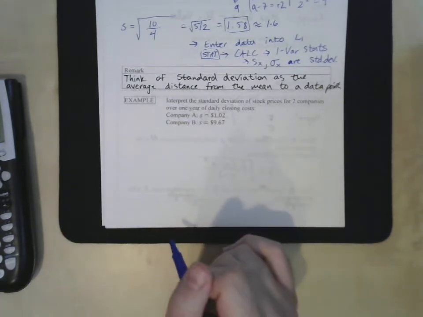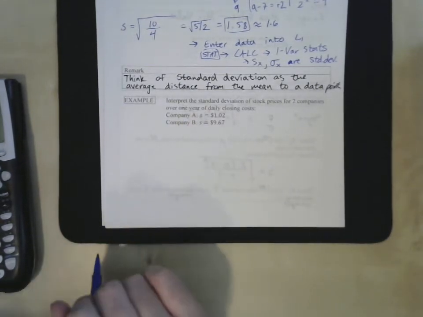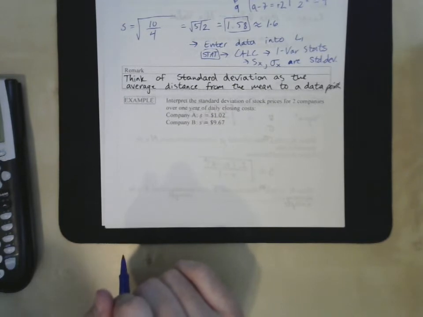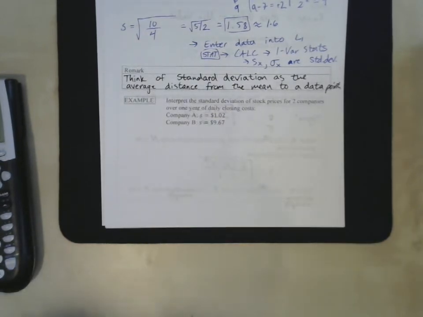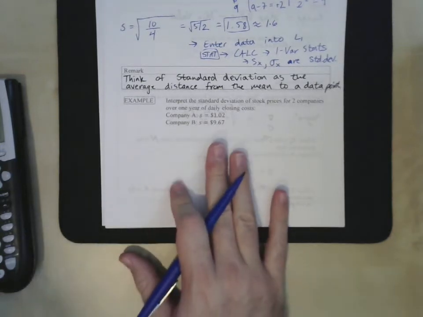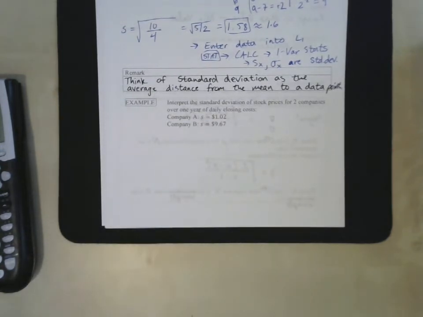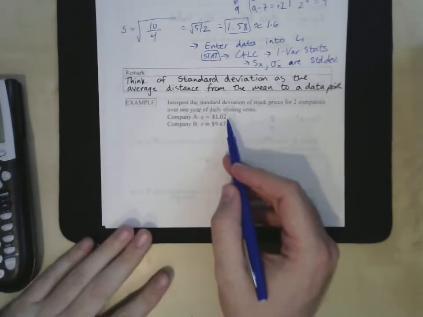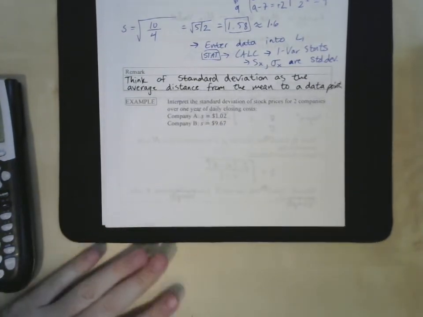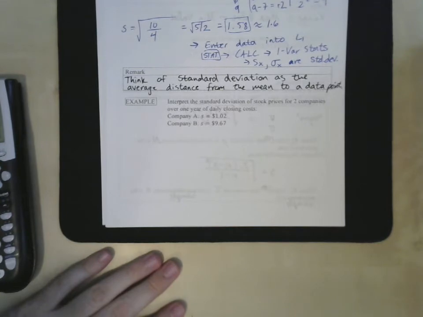So let's do a little example of what standard deviation can tell us. Here we have two companies over 1 year of daily closing costs of the stock market, what their stock prices are. So we have company A and we have company B. All this question is asking us to do is interpret what this means. So we have their standard deviations, S: $1.02 and $9.67.